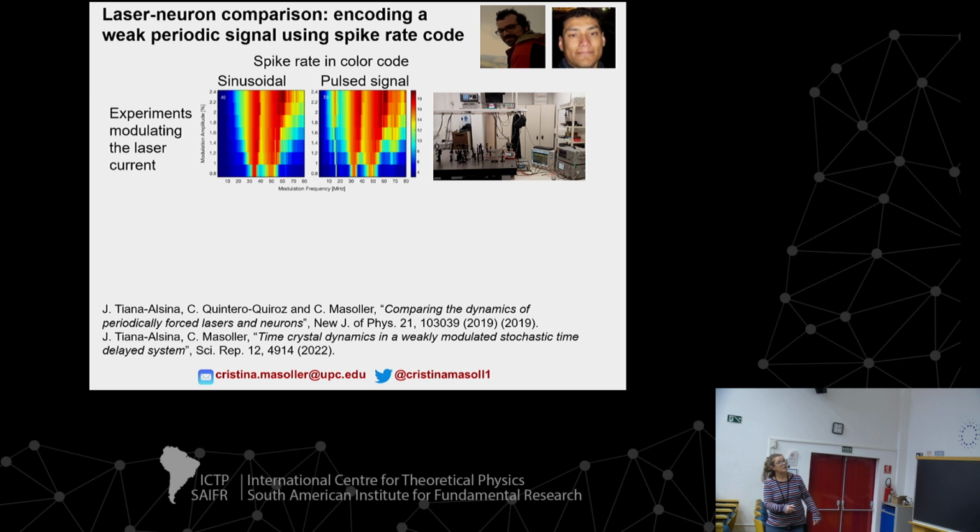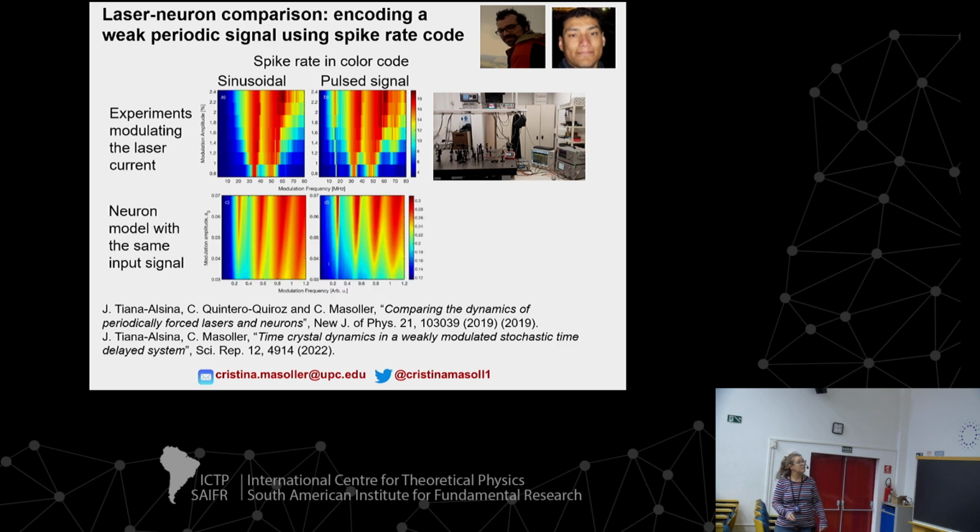There's some problem here that this pulse signal generates something that the sinusoidal signal does not. But if we compare with the neural model, we see some similarities with the FitzHugh-Nagumo model. We see, especially with pulsed signal, the same. But with sinusoidal, we find differences. We find this third region, which is not here.